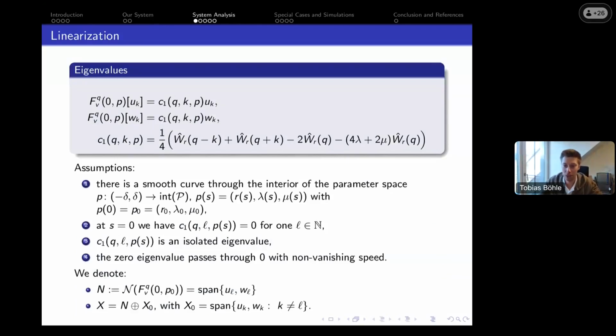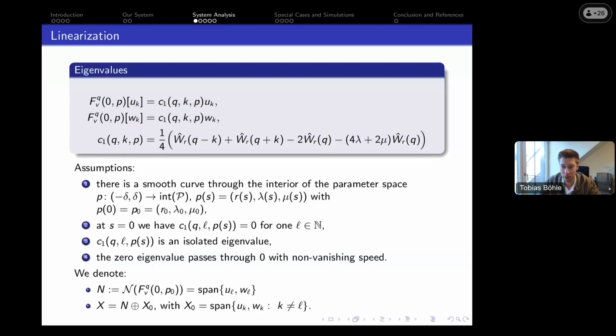So we have also computed the eigenvalues of this function f_q. So f_q with this index v is the derivative of f_q in direction of v, and then we evaluated this derivative on the basis functions u_k and w_k, and it turns out that the basis functions only get multiplied by one value, c_k.